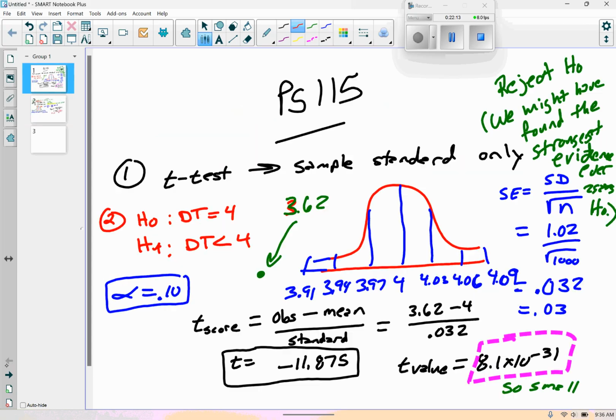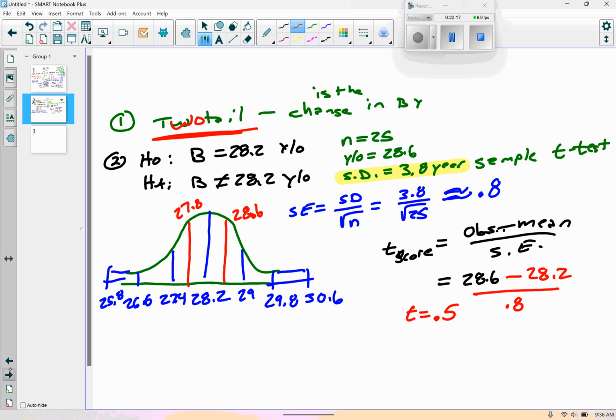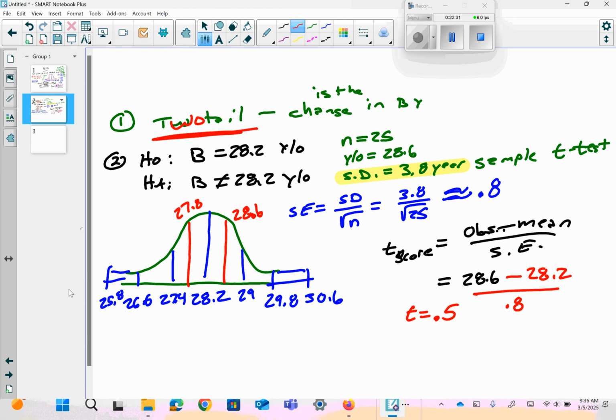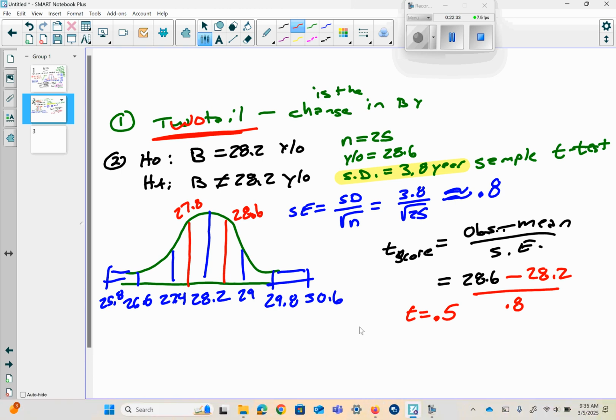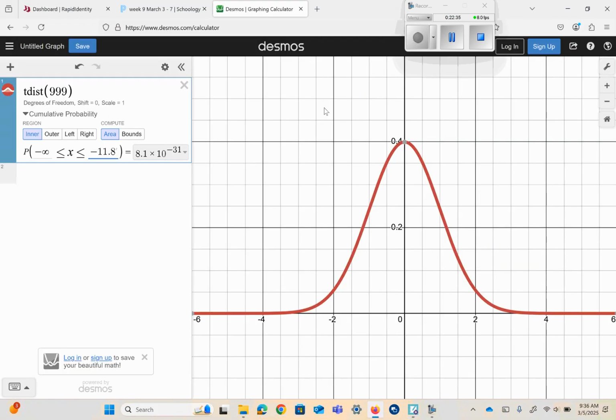Hang on, what did I do wrong? Oh my gosh. All right, so if we do a t-distribution, why is it 24? I think you're right. Yeah, sample minus 1, degrees of freedom. Good job. All right, so we're going with 24 here.